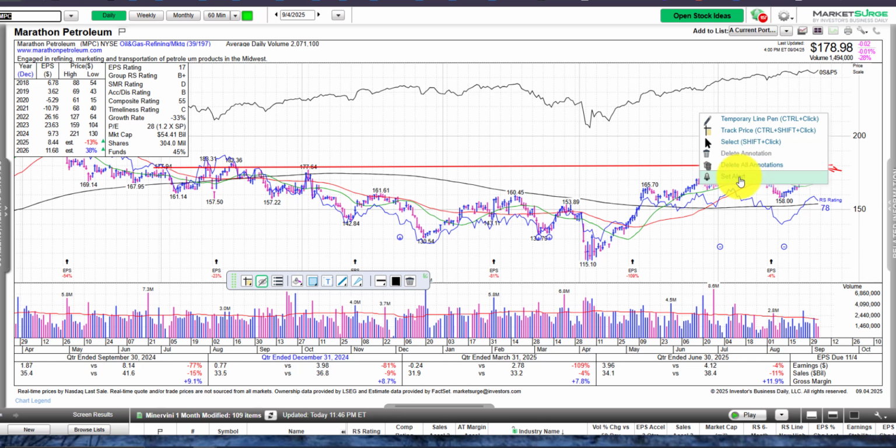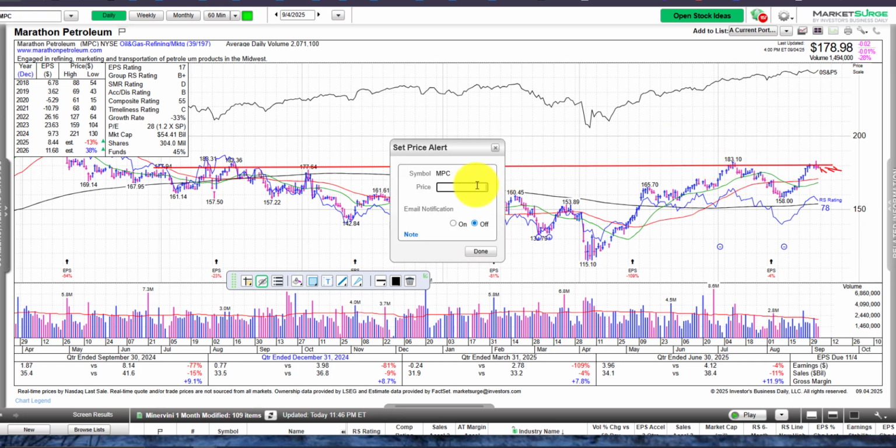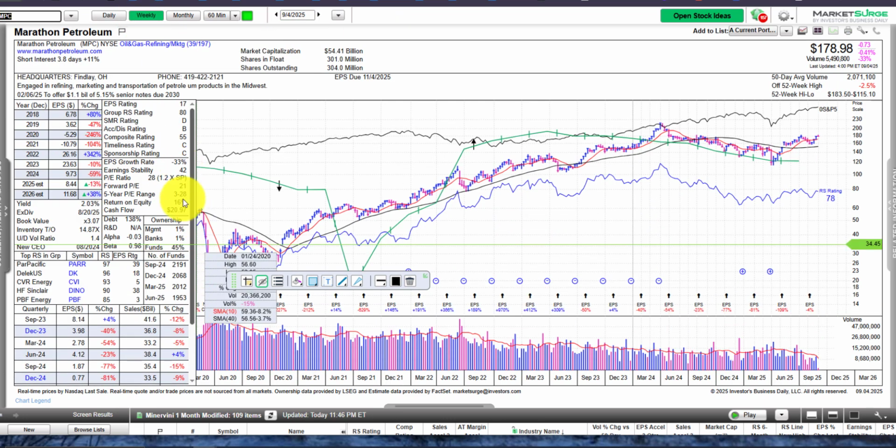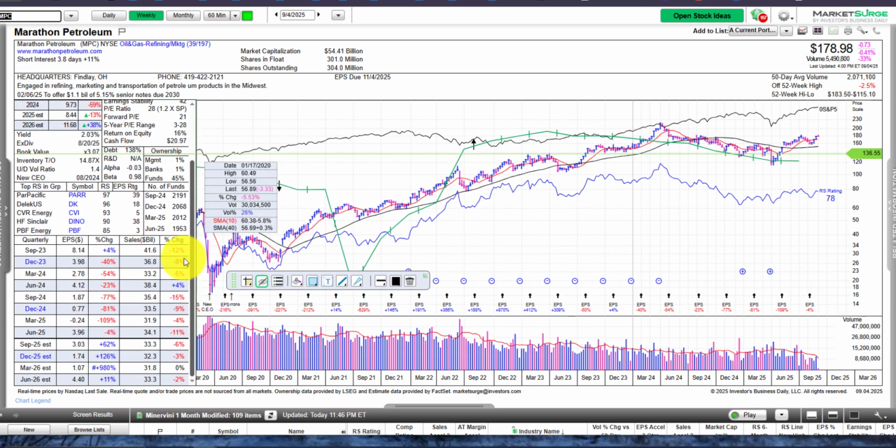Let's set an alert at 183. When and if it crosses that level, let's at least think about it. I was trying to get that to work. No, it's working. I just wanted to see. If you scroll this down, you can see the future estimates. Good earnings. Sales are going in reverse, though. We want to see red to blue, not blue to red.